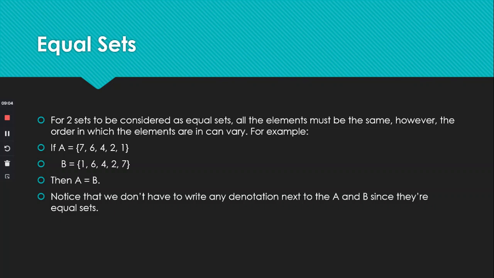For example, if we have A is equal to 7, 6, 4, 2, 1 and B is equal to 1, 6, 4, 2, 7, which is basically A but written backwards, then A is equal to B. The order doesn't matter, it just matters that the elements are the same. Everything has to be the same except for the order of the elements. Again, not the cardinality, the order in which they are placed in. Then we can write A is equal to B. We don't have to write any denotation here because they're equal sets. We can just write the equal sign between both of them and we can say A is equal to B.